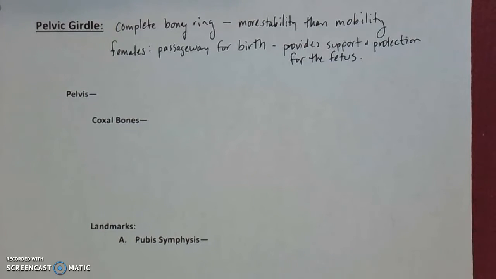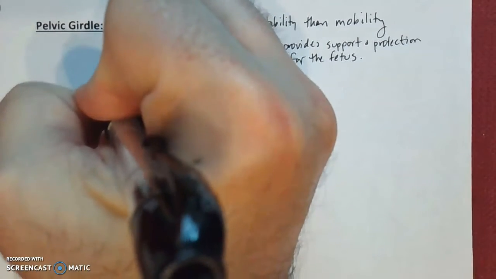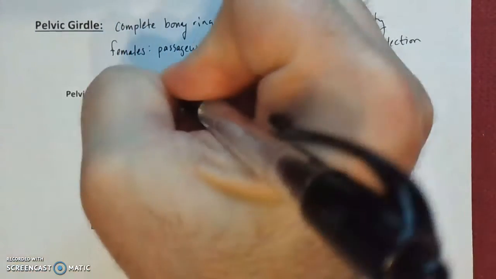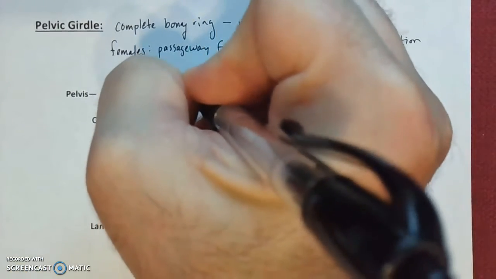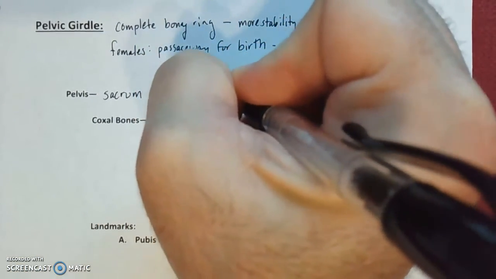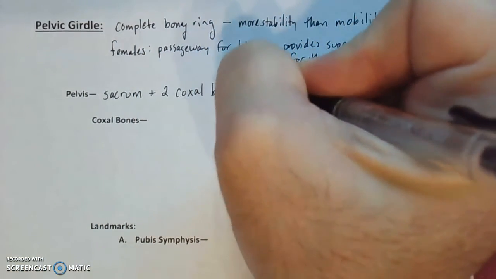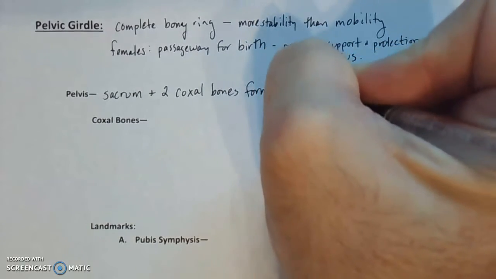So the pelvis, like I said, forms a bony ring with the sacrum. So the pelvis is actually all of that combined. We end up with the sacrum plus two coxal bones that form the ring that we talked about.